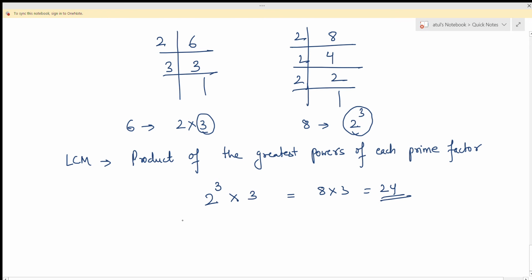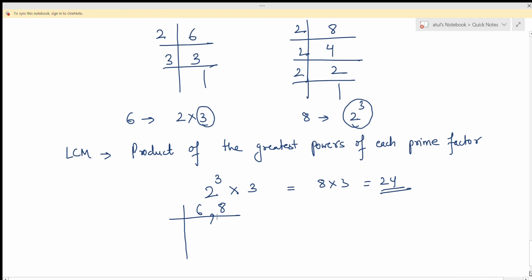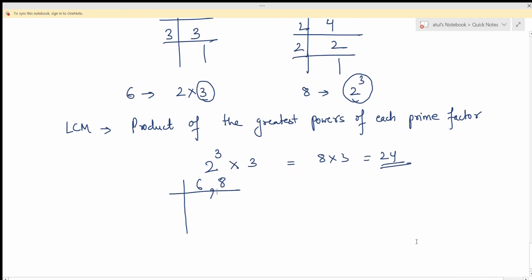Now let us consider again the common method. I'll take both of them together and find the prime factorization. Here I don't need to take only the common factor. If it is divisible by any one of them, I will take that. So let's take 2. It is divisible by 2: 6 gives 3, 8 gives 4. Now 4 is divisible by 2, so I can continue with that. 3 I'll copy as it is since it is not divisible.